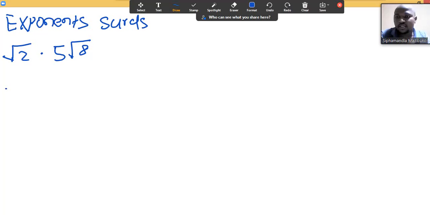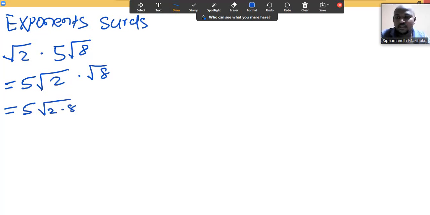We can say this is the same as 5 root 2 multiplied by root 8, and because we have 5, we can say we have 2 multiplied by 8 because of this root here, so we're just putting it together.